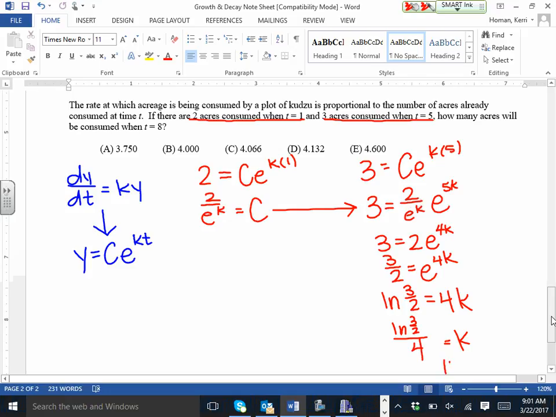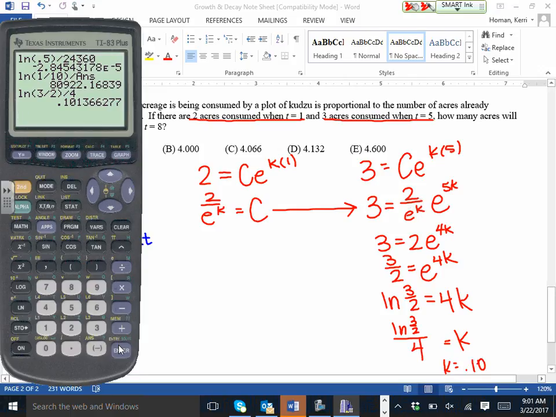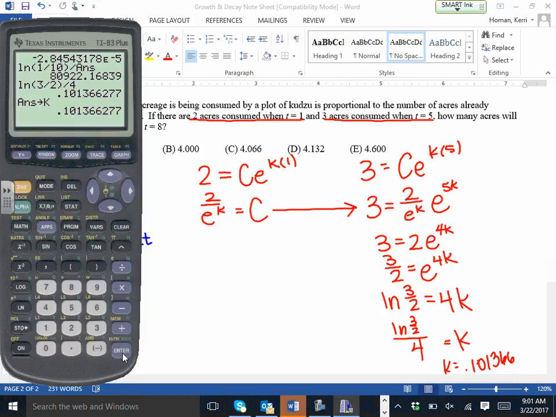If you want to approximate that, the natural log of 3 halves divided by 4 is 0.101366. If I were you, I would store this in alpha k, we solve for k, and then you can just call it back up. Or if you have an 84, you know you can arrow and highlight answers to bring them back up, right?